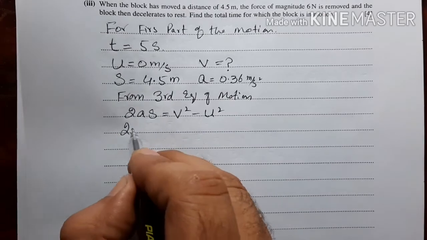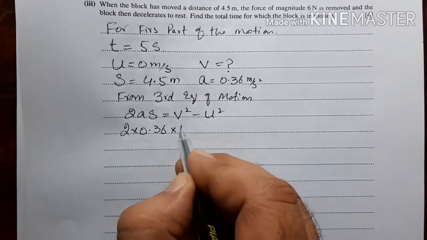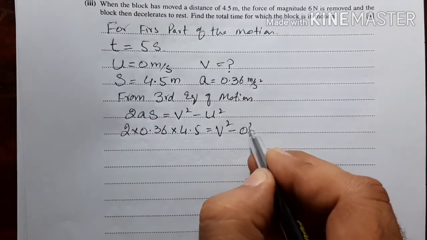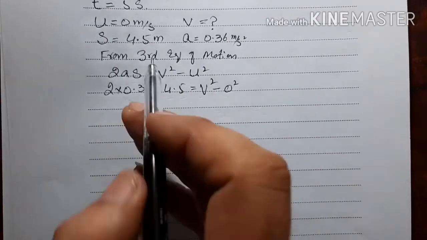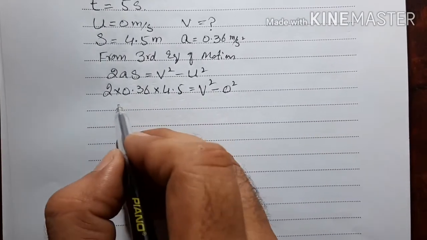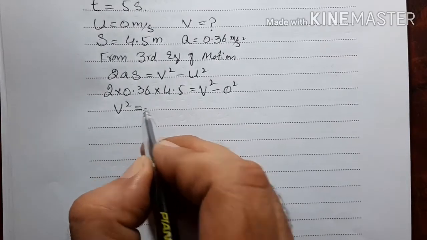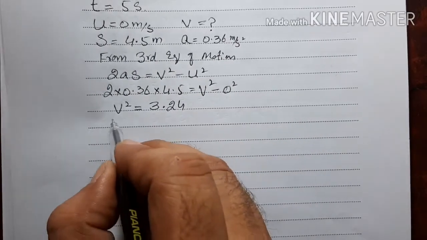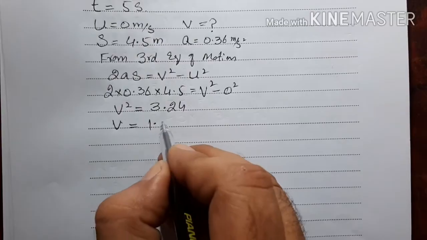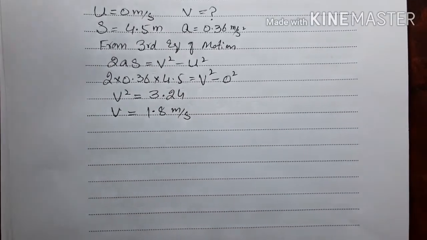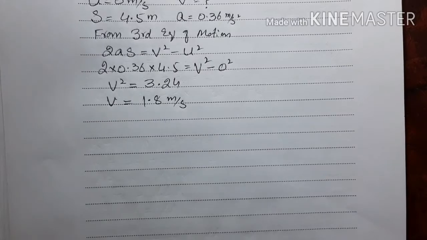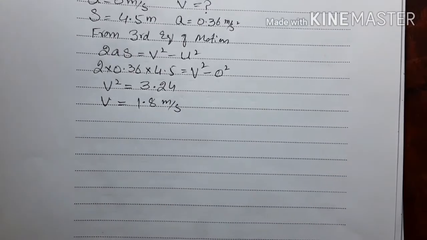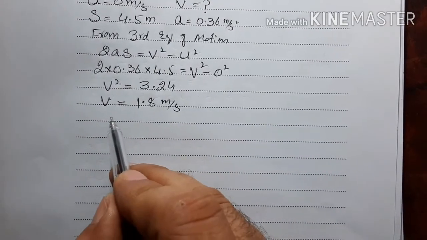Just put the values: 2 into 0.36 into 4.5 is equal to v squared minus 0 squared. Finally we get v squared is equal to 3.24, or v is equal to 1.8 meters per second. This is the final velocity of the particle when the force stopped acting on the body.